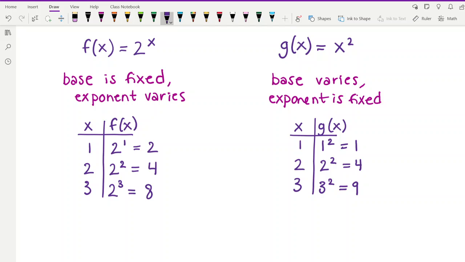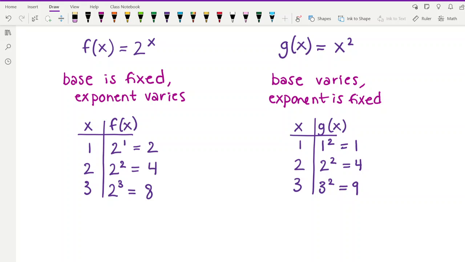So in the second example, the thing that's changing is the base, whereas the power always stays the same. And one thing you might notice is that they both share a point, but that's just because that's where the base and the exponent happen to be the same. All the other points are different from each other.